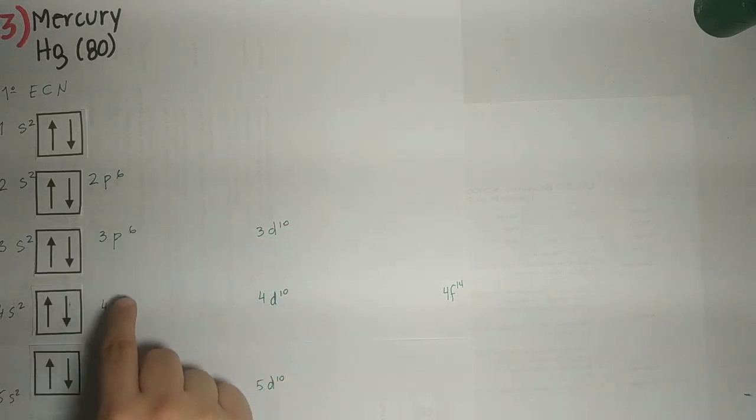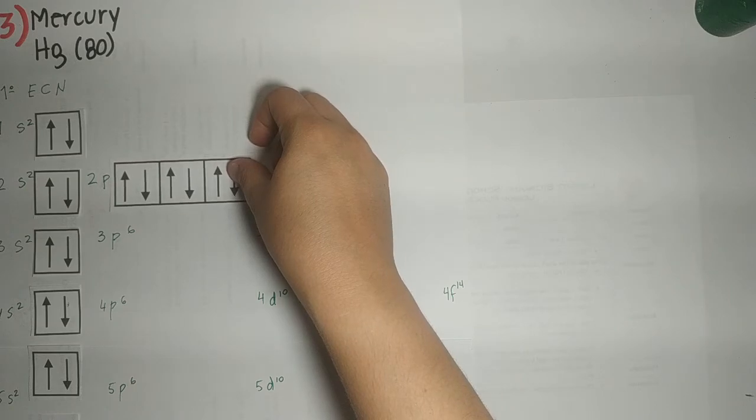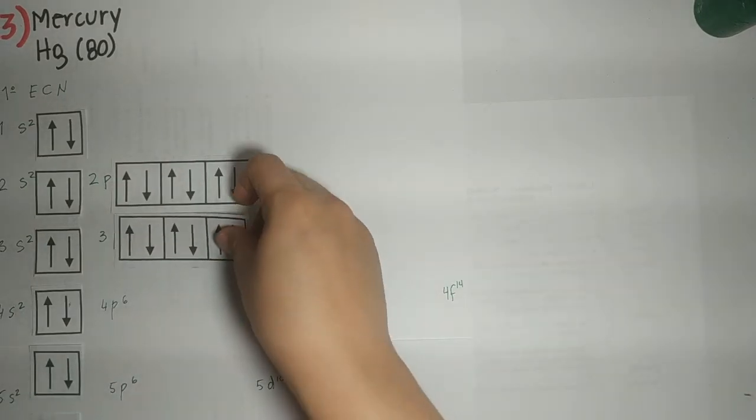Okay, so first I draw the individual boxes for the s orbital that keeps 2 electrons, 1 and 2. So as I have 6 periods, I need 6 boxes, 1, 2, 3, 4, 5, 6. Now I need 3 boxes of 2 electrons, here, here, here, so 4 boxes. 1, 2.